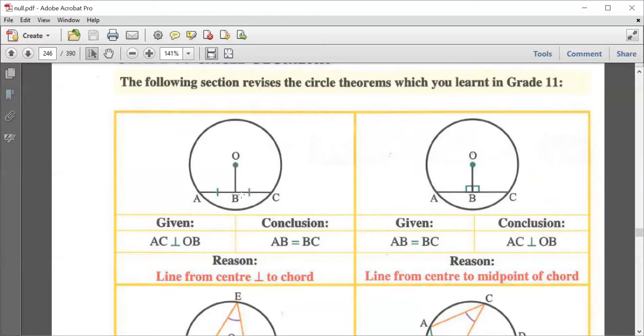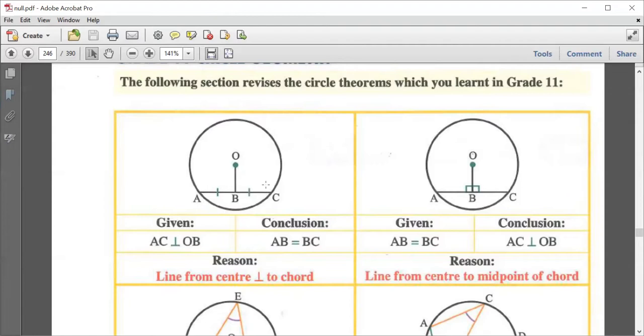So in other words, we have a 90-degree here. If that is the case, then you can conclude that the distance from A up to B is equal to the distance from B to C.